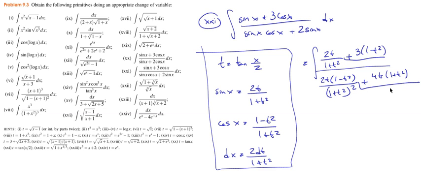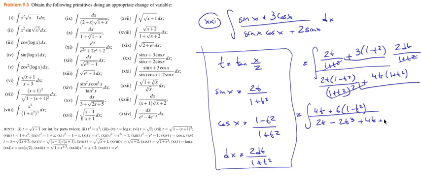And then times dx, so you have 2 times dt divided by 1 plus t squared. Now you can see here, right, this and this go away, so you have the primitive of 4t plus 6 times 1 minus t squared divided by 2t minus 2t cubed plus 4t plus 4t cubed dt.